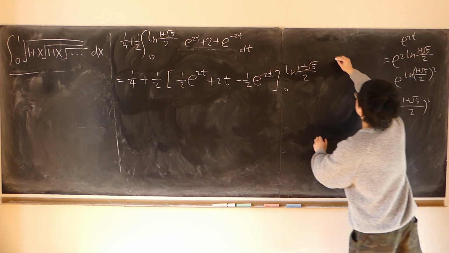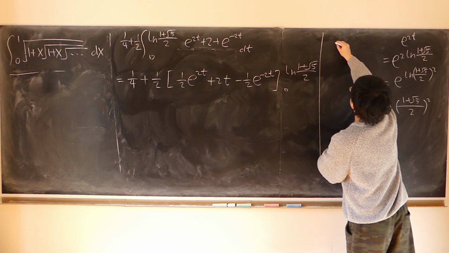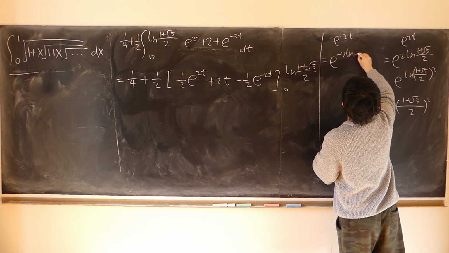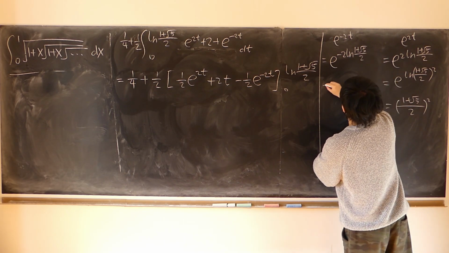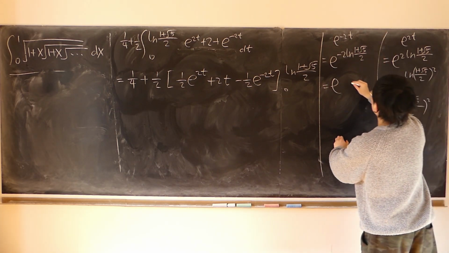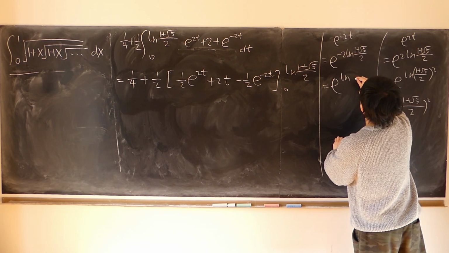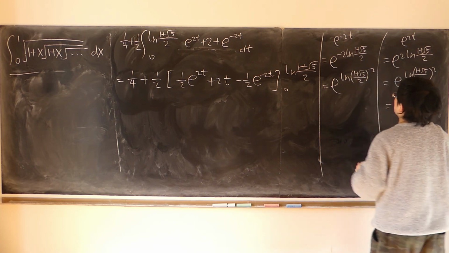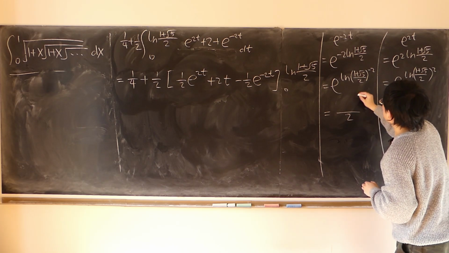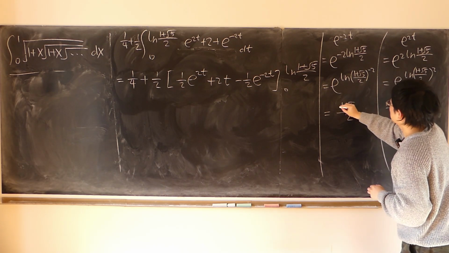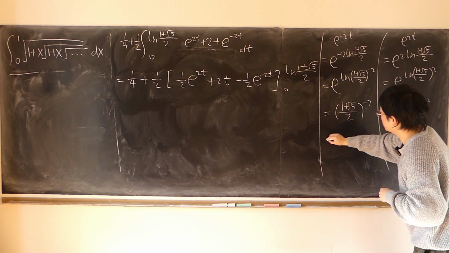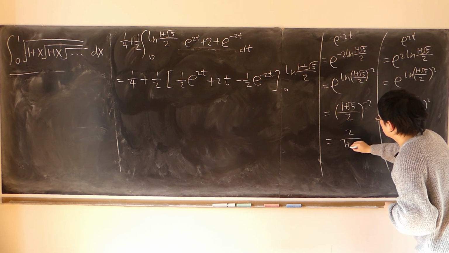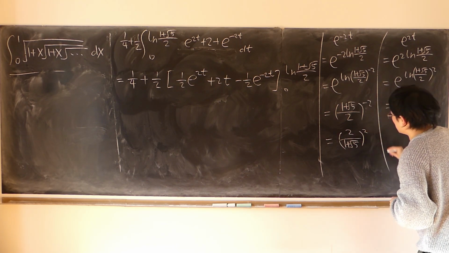That's something I believe is going to be interesting. So e to the negative 2t is e to the negative 2 log of half of 1 plus square root of 5, which is that half to the power negative 2. So this looks like a reciprocal.